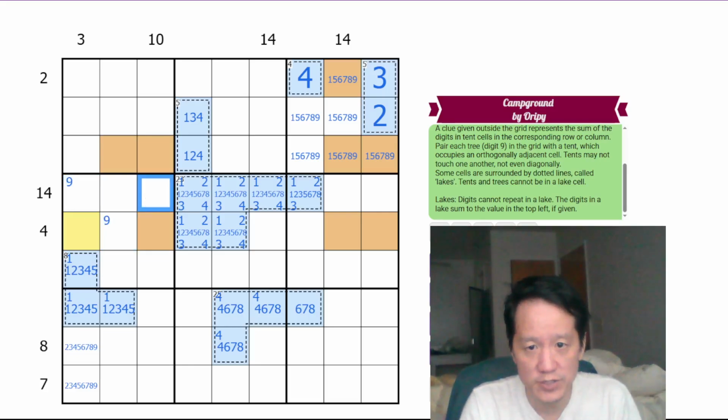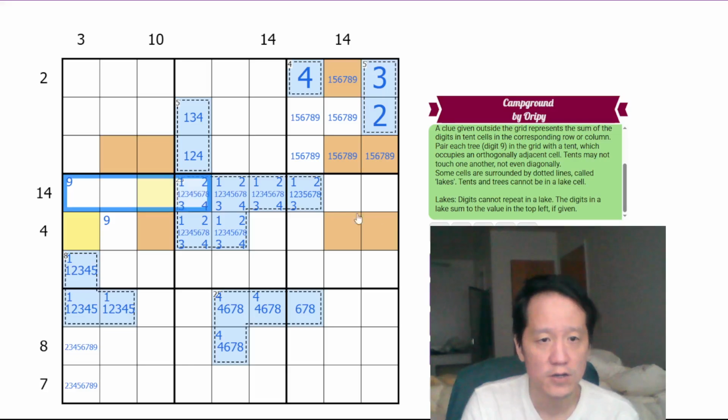This is a tent because that's the only place for it in row 4 in these 3 cells to have a tent, and therefore none of these could be a 9 because one of these 2 is a 9 in a tree. So none of these can be tents or trees.